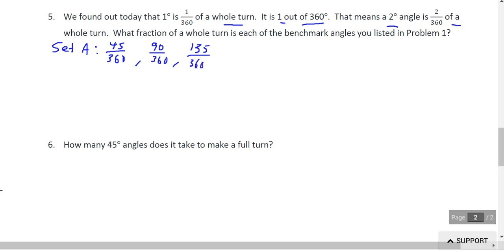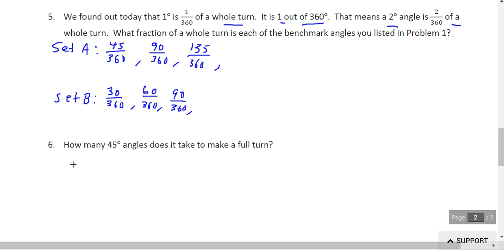And then etc. You have to fill out the whole rest of them. Now set B, we started off with 30. So it'd be 30 over 360. And then we would have 60 over 360, 90 over 360, and pause the video and finish those lists.